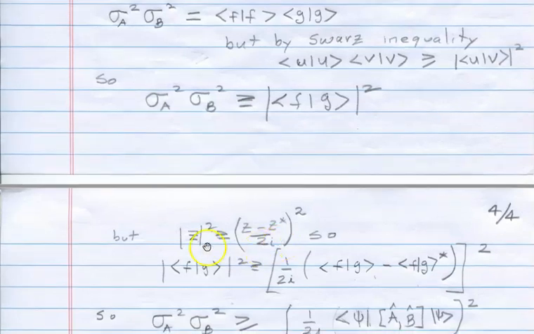And now then we use that other term. This is just a complex number, absolute modulus squared, and I know that a complex number modulus squared is greater than or equal to the imaginary part of that number squared.